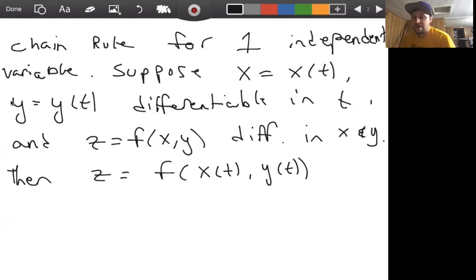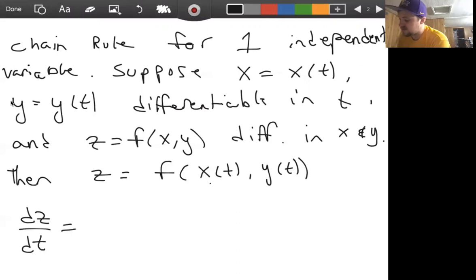If you substitute x and y as functions of t, this becomes a single variable function in the independent variable t.